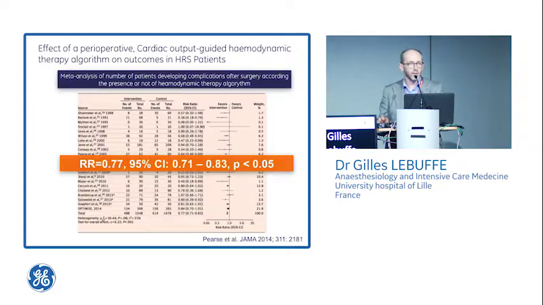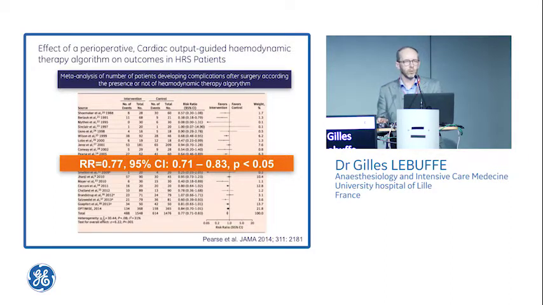And this is in agreement with the meta-analysis published by Pearse in JAMA in 2014. In this meta-analysis, you observe that when the patient benefits from a multimodal approach, this was associated with a significant decrease of postoperative complications, and the relative risk was 0.7.